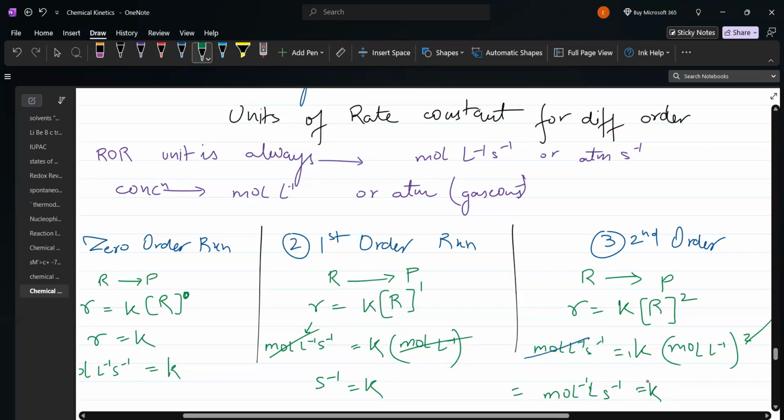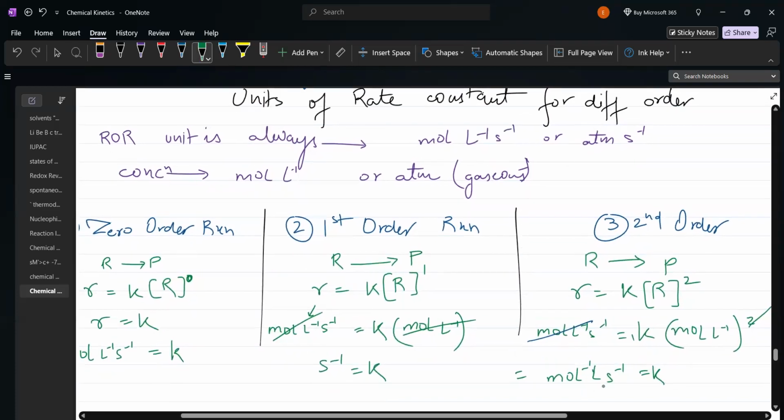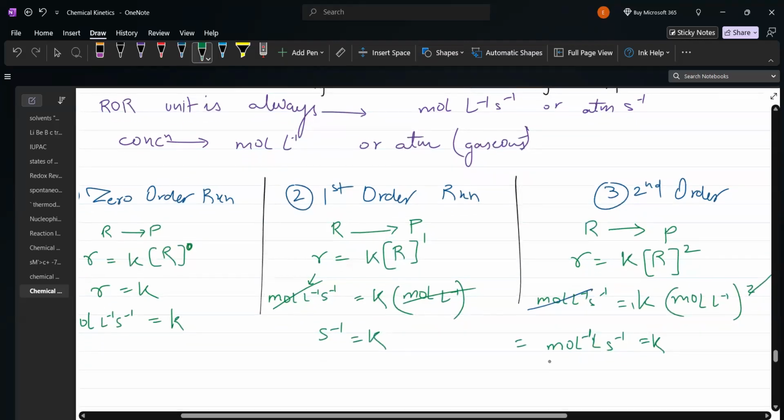The unit of K for second order reaction is mole inverse liter second inverse, or you can say, if you are not clear with this, it is written as liter per mole second.